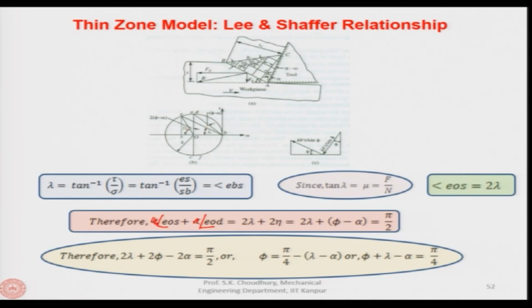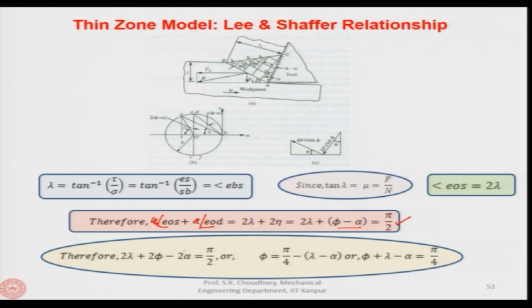So, 2 lambda plus 2 nu, where nu is equal to phi minus alpha, is equal to pi by 2. This makes 2 lambda plus 2 phi minus 2 alpha equal to pi by 2.